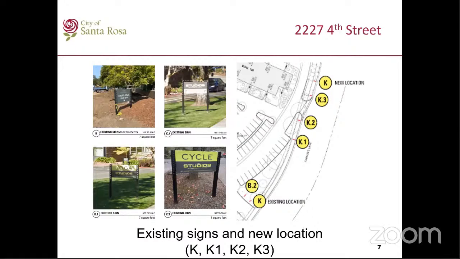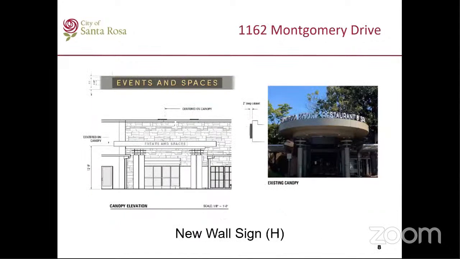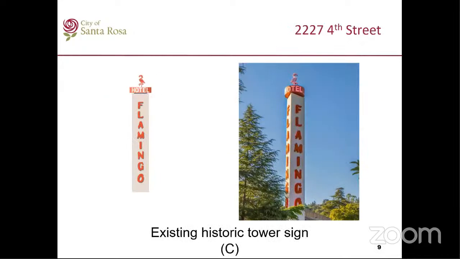These are existing signs that are going to be relocated as noted on the blown up image from the site plan from earlier. And the existing historic tower sign is going to remain. They are going to refurbish it with some new paint, and it will match the current color scheme that is there right now.